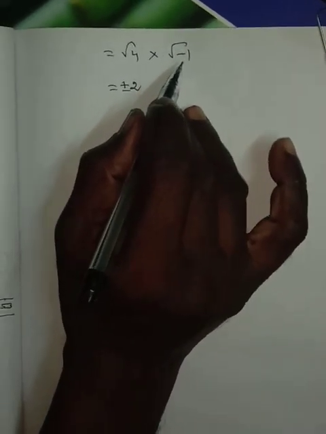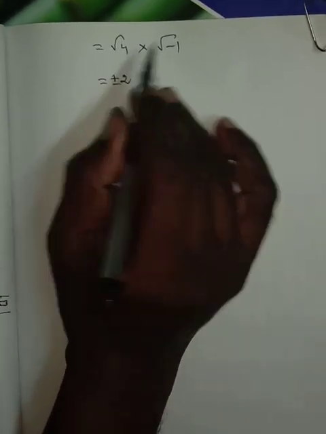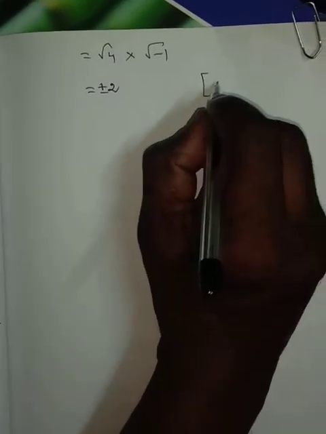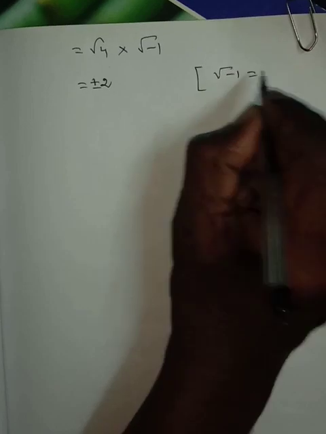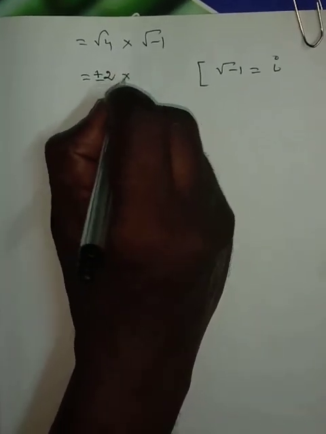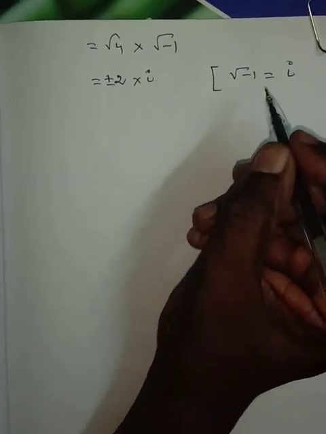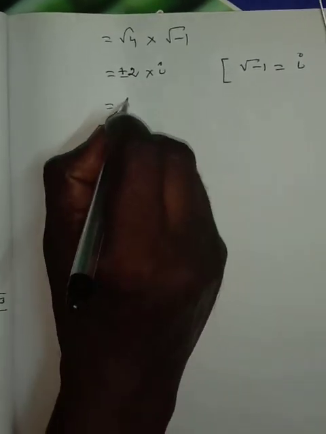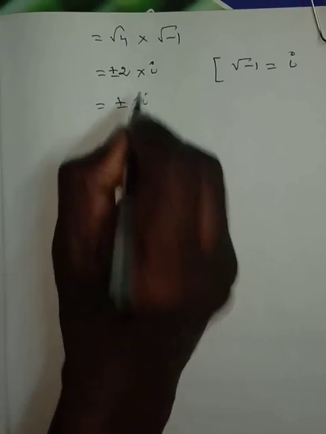Root of minus 1 is next year's 12th standard syllabus, the complex number system. In the complex number system, root of minus 1 is equal to i. This means plus or minus 2i.